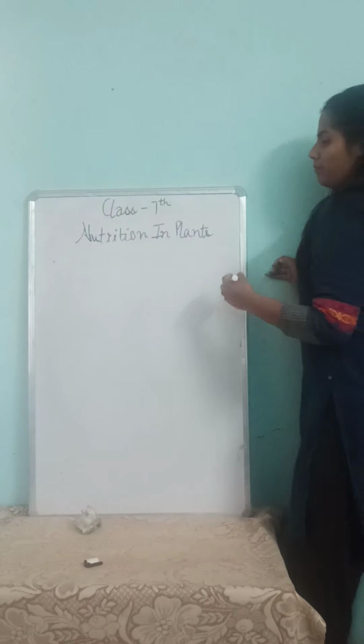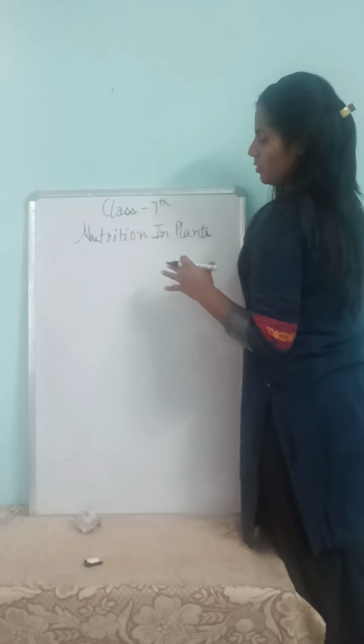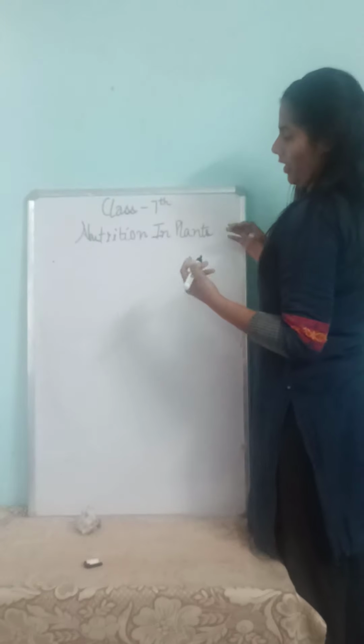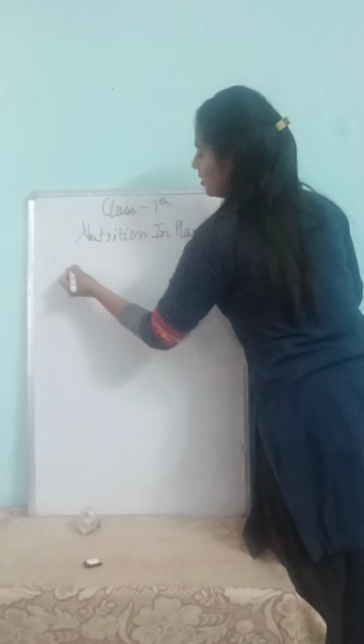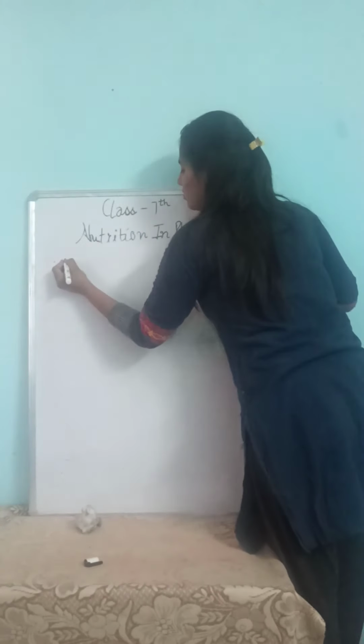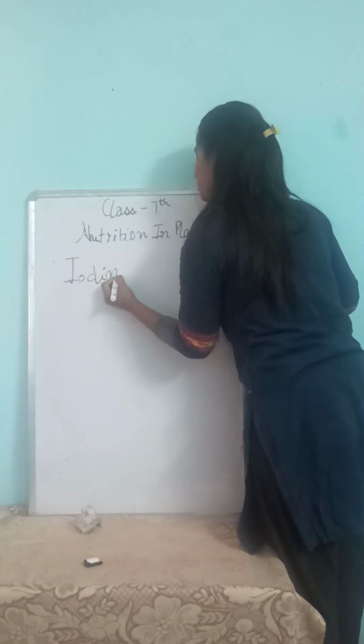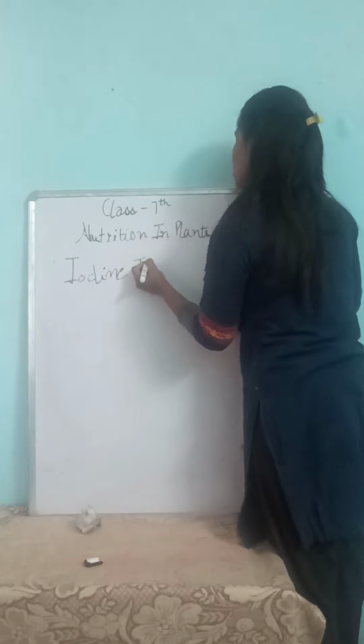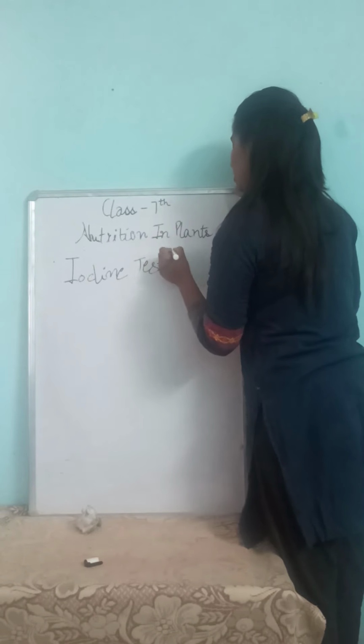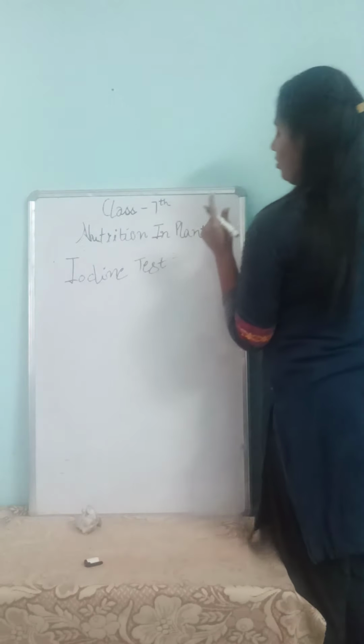So for that, in this process, there is a test called the iodine test. You have done it in 6th class also, so I am going to recall the test.